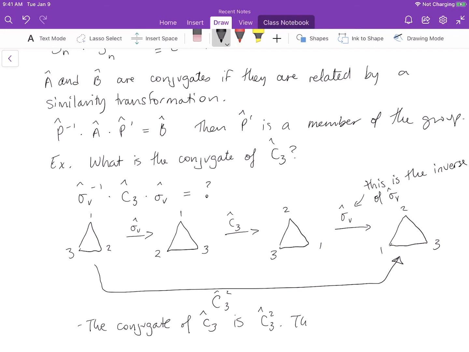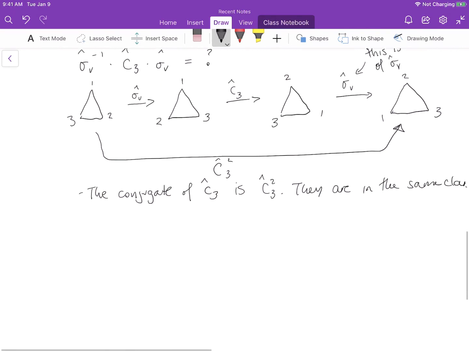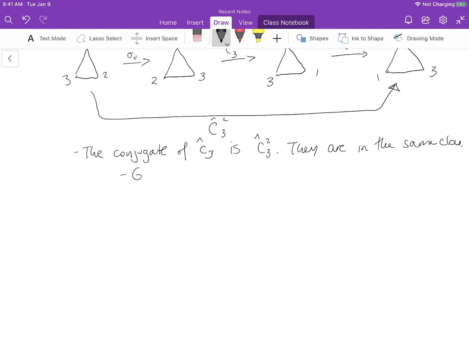So they are in the same class. So what that means is that they generally get grouped together on what we call a character table, and we'll talk more about that later.